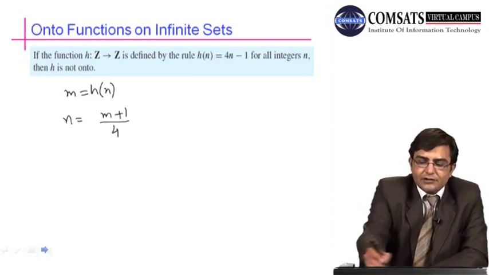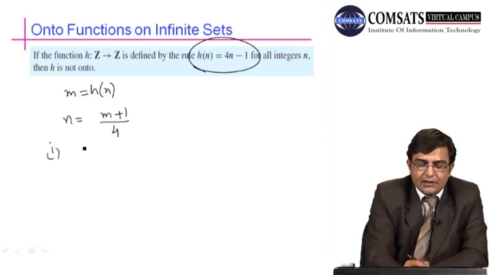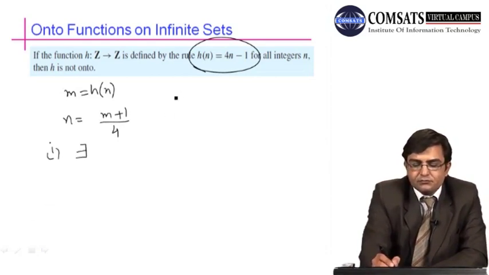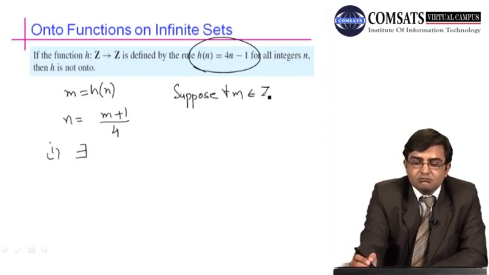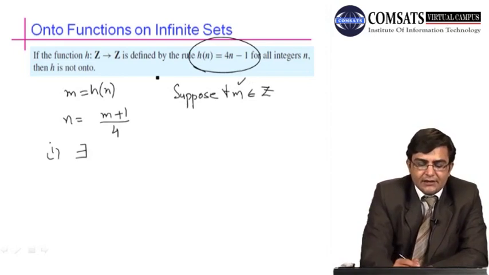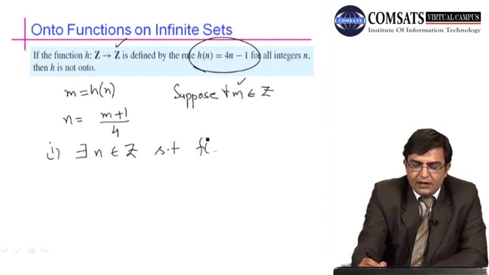Now to prove that this function is onto, the first step is that we take any arbitrary element m belonging to z, which is from the second set. We have to prove there exists n belonging to z such that h of n is equal to m.